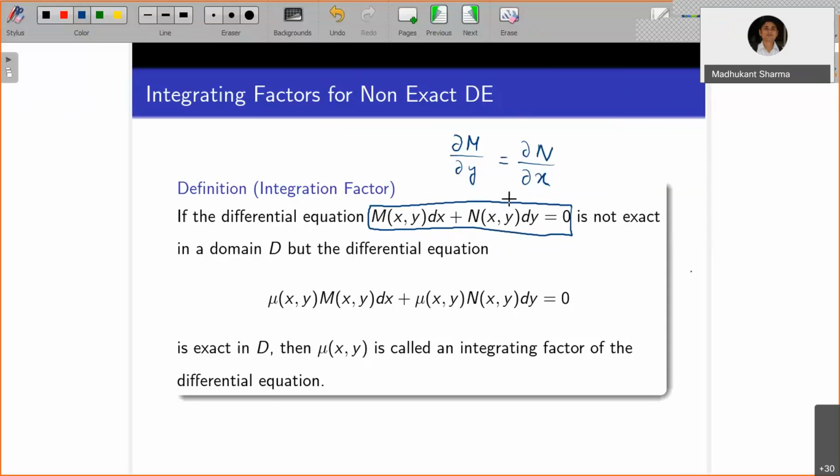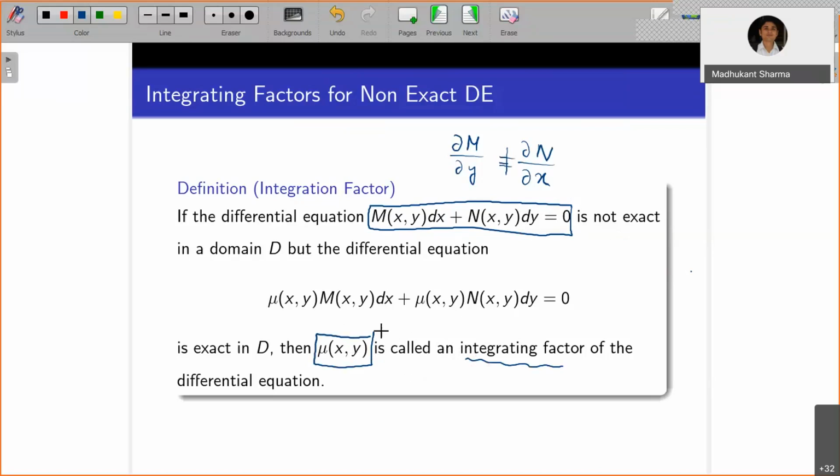Then we looked at non-exact differential equations, where these two things are not equal, and we search for a function mu, which may be a function of both variables x and y, or of a single variable, x or y. This is said to be an integrating factor.